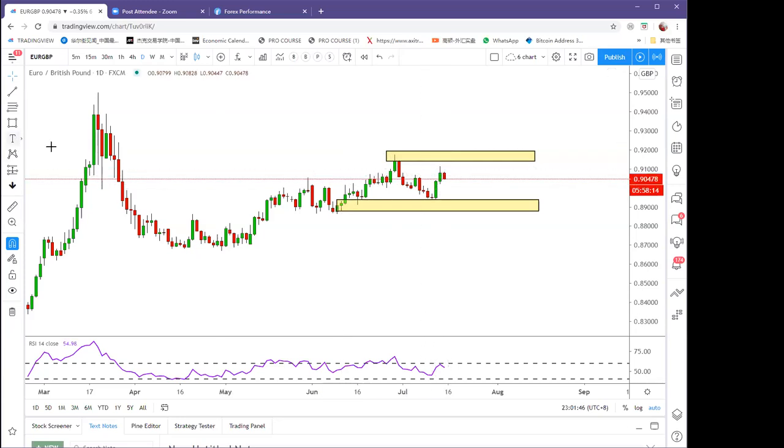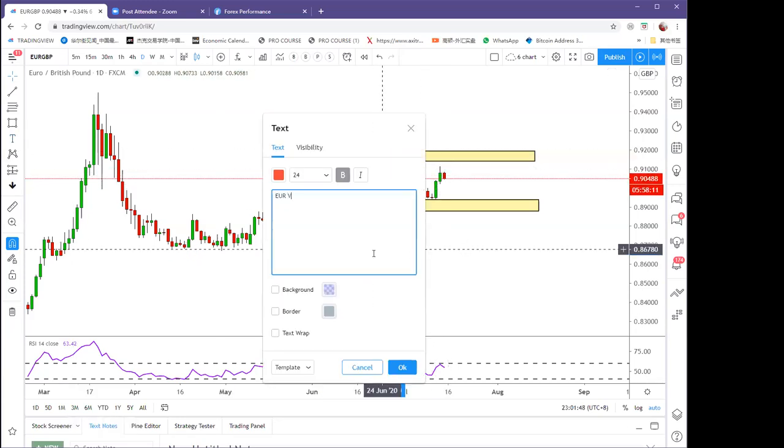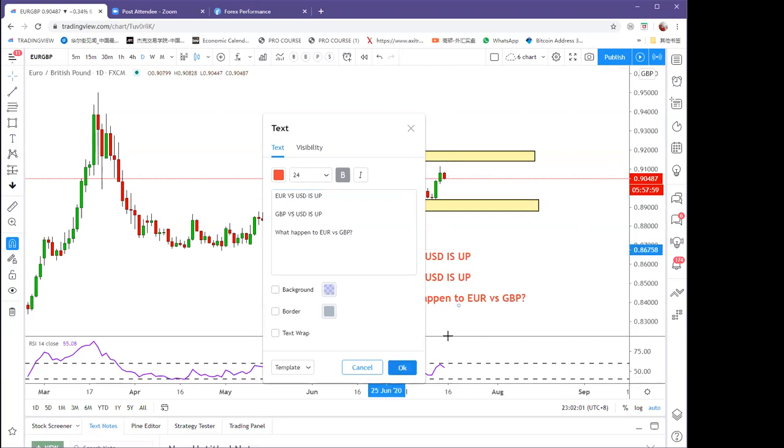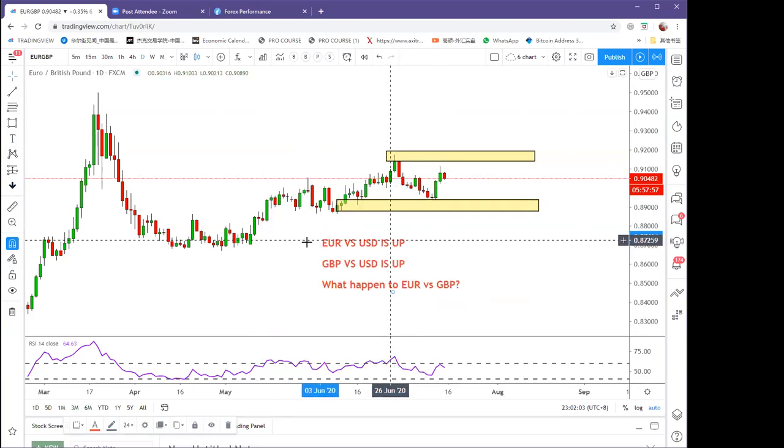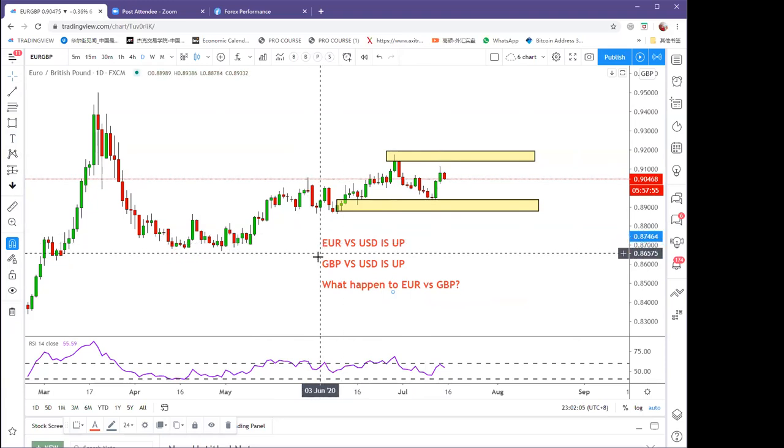If the euro goes up, euro versus dollar is up, and sterling versus dollar is up. So what happened to euro versus sterling? Can you tell? Both are going up versus the dollar, but it's hard for you to tell which one is stronger.